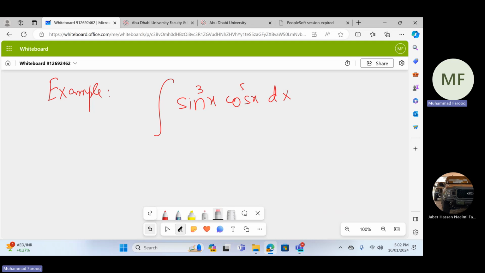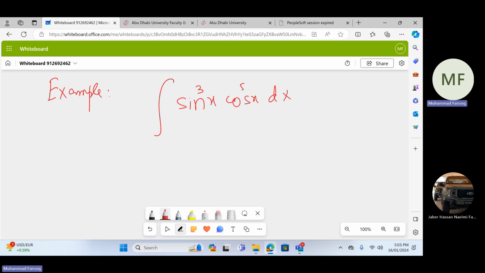And it's very interesting: in the odd case, you have to break one of them, and in the even case, you have to use identity on both of them. That's why I'm going step by step. I'm not messing with the concept. First, I focus only on the odd case, and then I give different scenarios in odd cases.